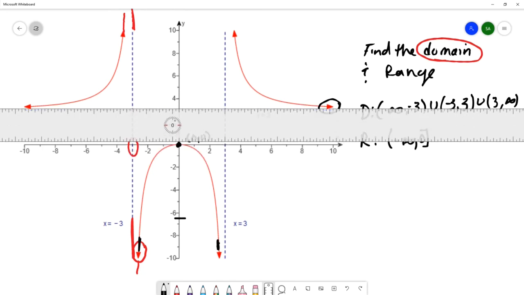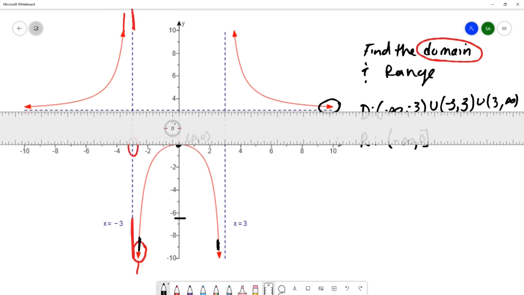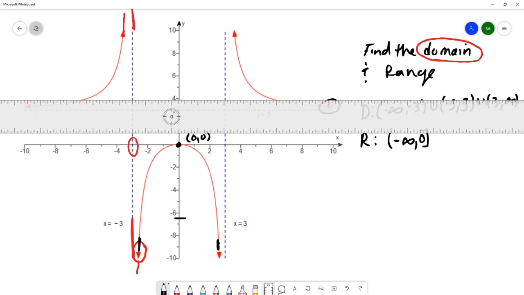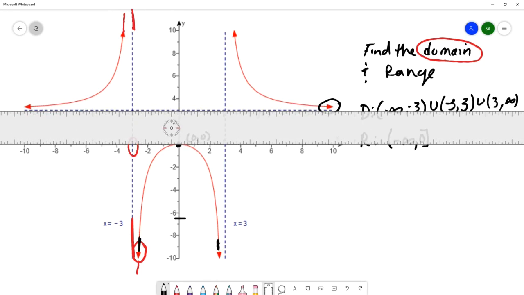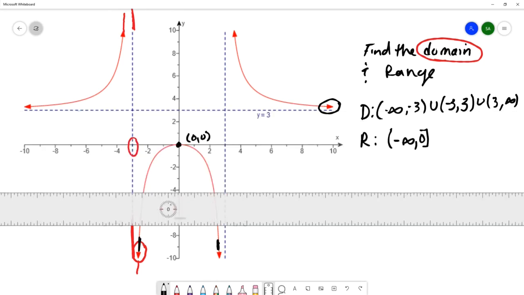But right after this horizontal dashed line, you can see the graph again in red. So I know the range starts again right here at this line. So the range will start again at 3.